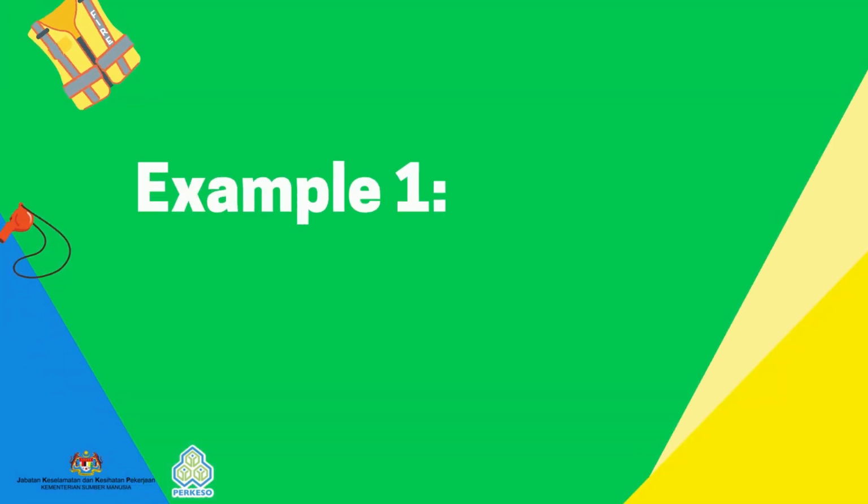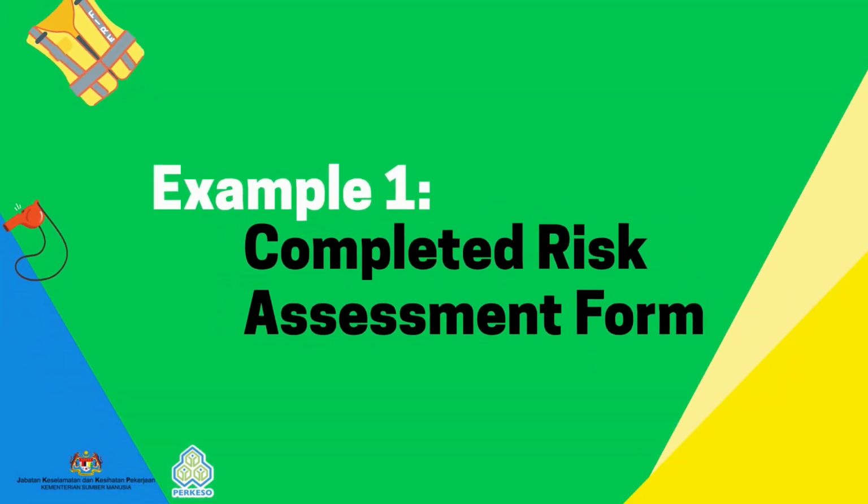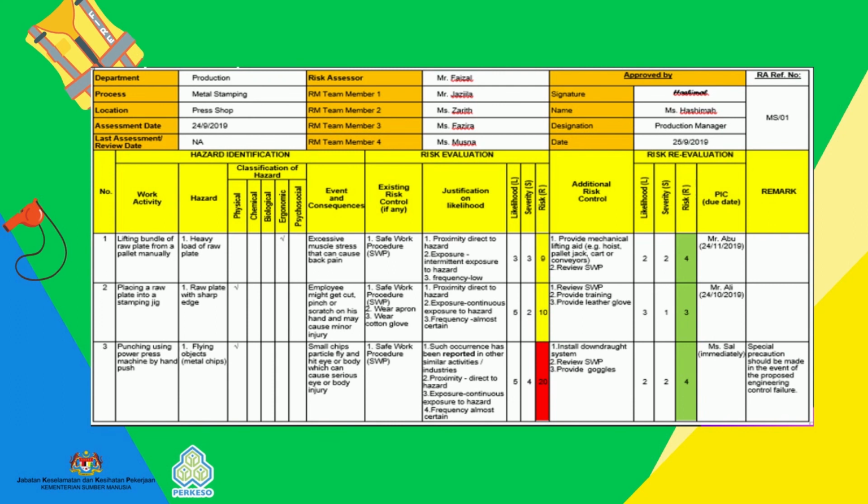This is an example of a completed risk assessment form. It should contain department, process, location, and assessment date, including the last assessment or review date. Other than that, the form should also contain the risk assessor, RM team member and, lastly, the details of approval, which are signature, name, designation and date.